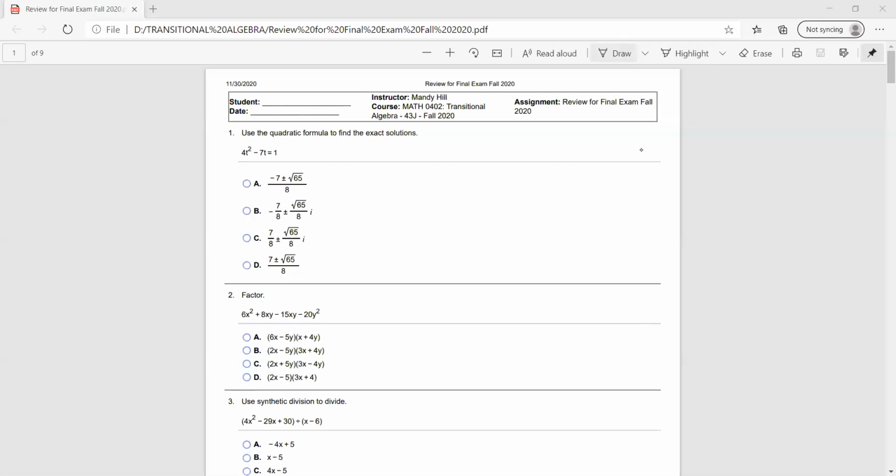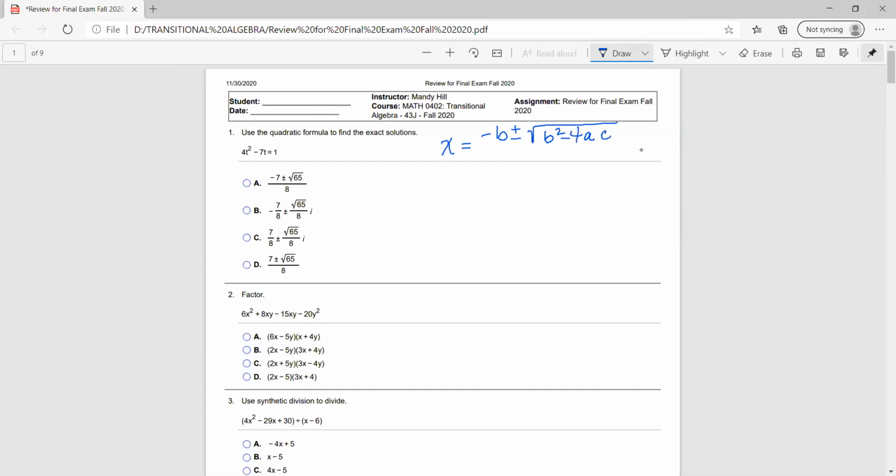Okay, if you recall, the quadratic formula is x is equal to negative b plus or minus the square root of b squared minus 4 times a times c all over 2 times a.